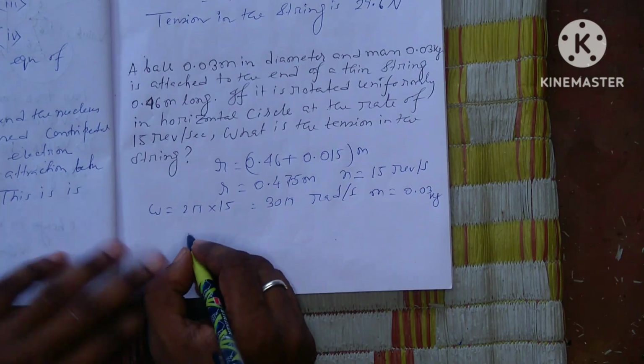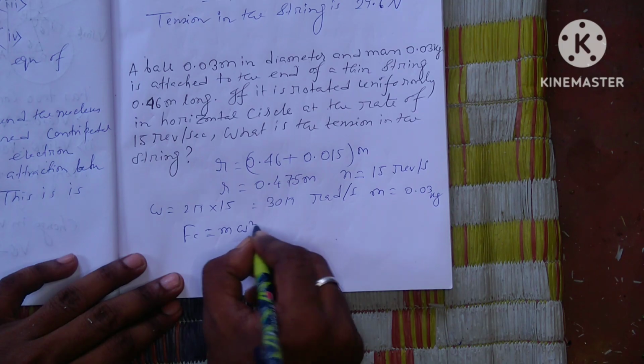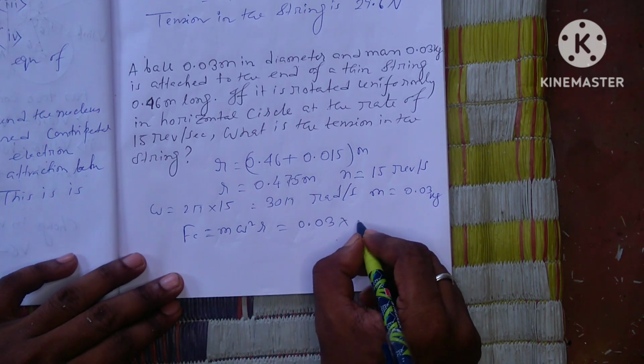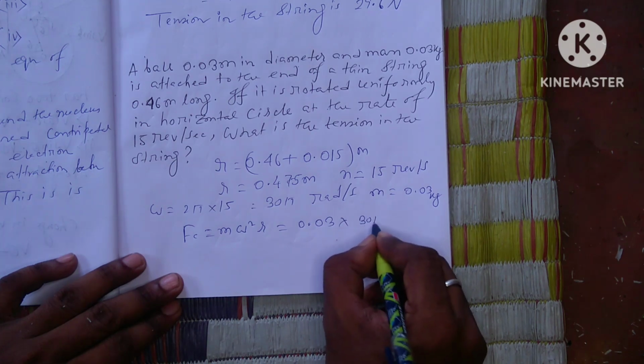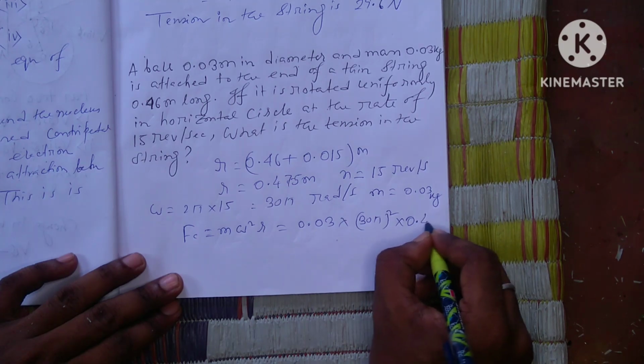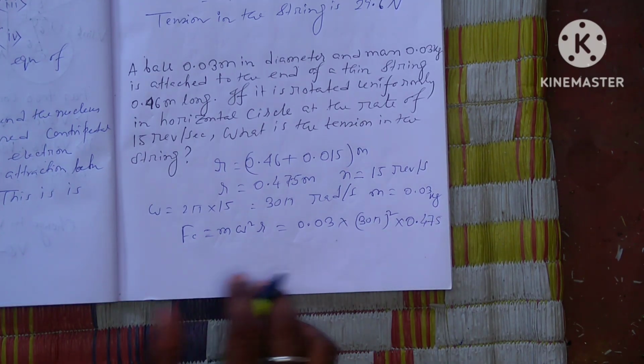So Fc equals m omega square r, that is 0.03 into (30 pi) whole square into 0.475.